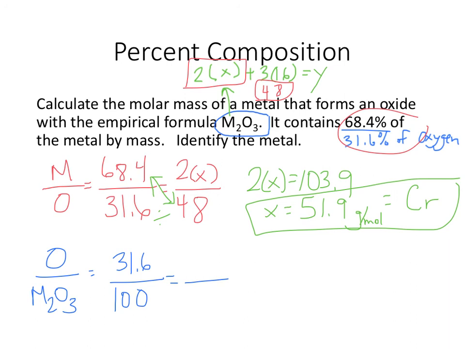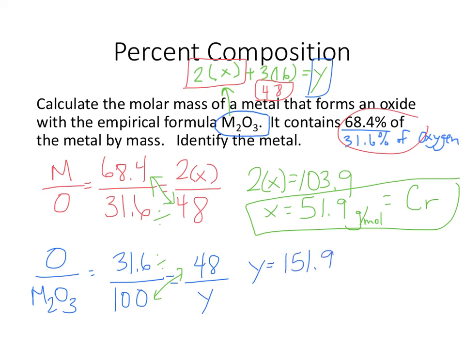Let's put that 48 on the bottom. Sorry, 48 on the top and the X on the bottom. So from there I'll cross multiply and divide. Now really that X on the bottom shouldn't actually be an X. Technically that's going to be the Y that you originally said, the mass of the total compound. So when you solve for that, you'll end up with Y is 151.9.